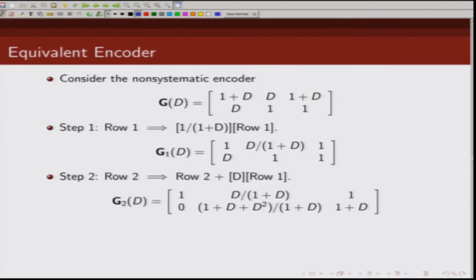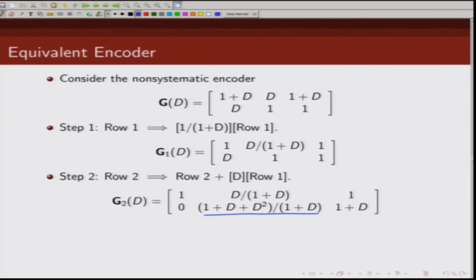Similarly, this 1 plus D squared by 1 plus D is given by this, and we have 1 plus D which is this term. So, what we have done is, we have converted this into the form 1 0.